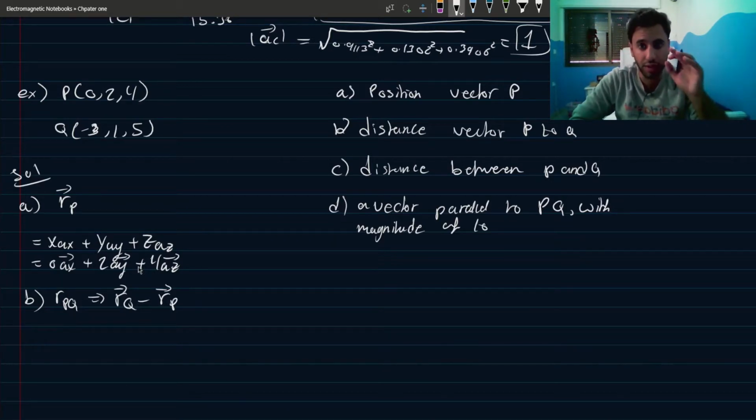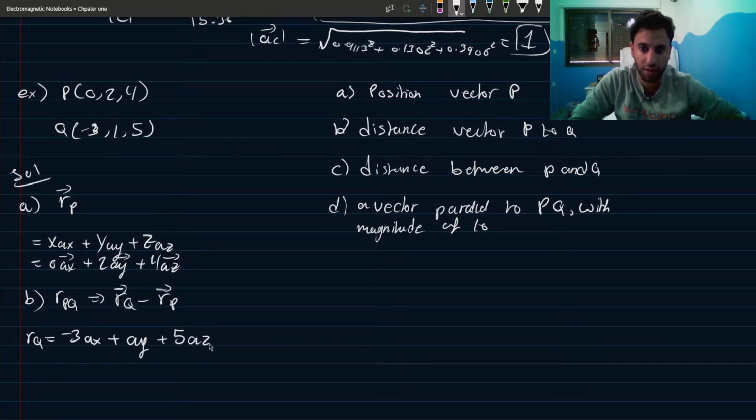You are on the right track. R_Q is equal to minus 3AX plus AY plus 5AZ. And we already have R_P. All you have to do is subtract them.